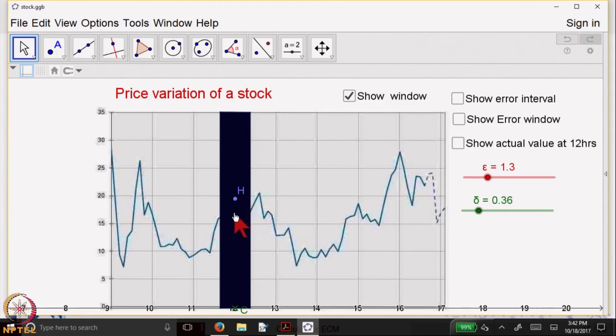That is one way of predicting a value for the price of the stock at 12 o'clock. I could take the average of the two values, or somebody might say, let us join these two by a line, and then draw the vertical line and see what could have been the value. That could have been another way of predicting a value for the stock price at this point.